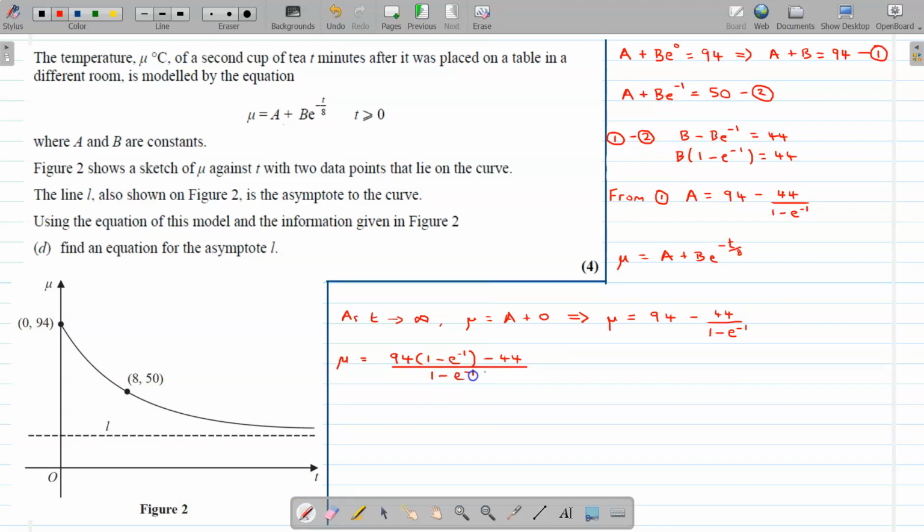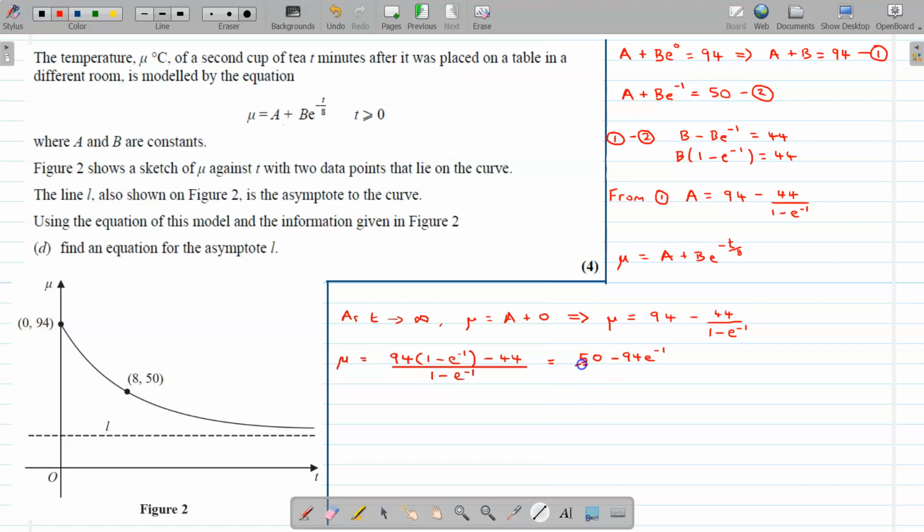And if you rearrange that a little bit further, you can tidy it up to get 50 minus 94 times e to the minus 1, over 1 minus e to the minus 1.